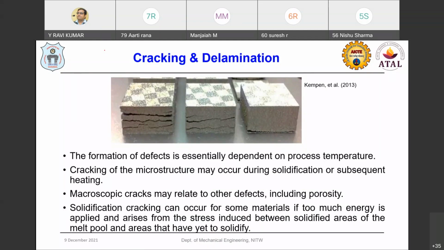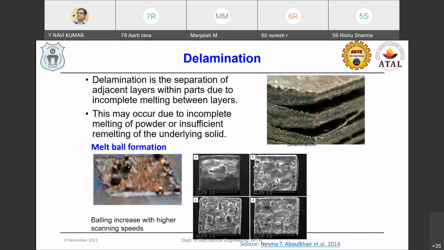Even macroscopic cracks may be related to other defects, including porosity. Solidification cracks can occur for some materials if too much energy is supplied, and also arise from the stress induced between the solidified areas of the melt pool and the areas yet to solidify. Delamination takes place between the layers if you are not sufficiently remelting the previous layers.